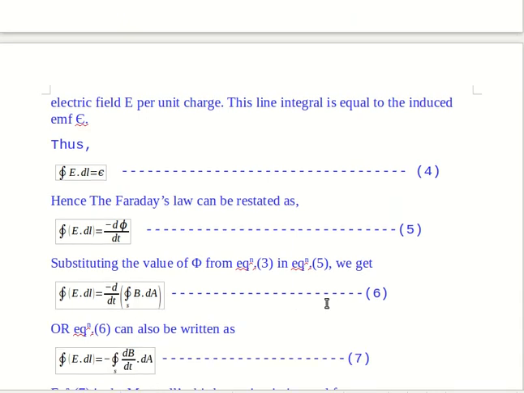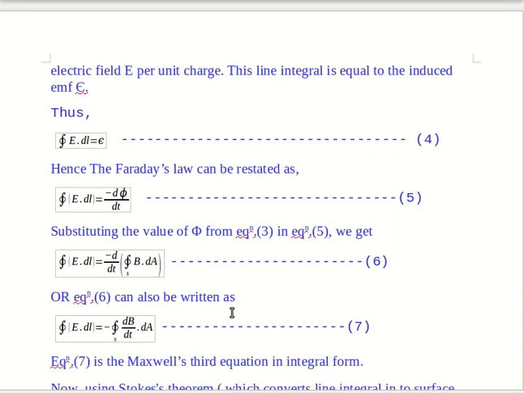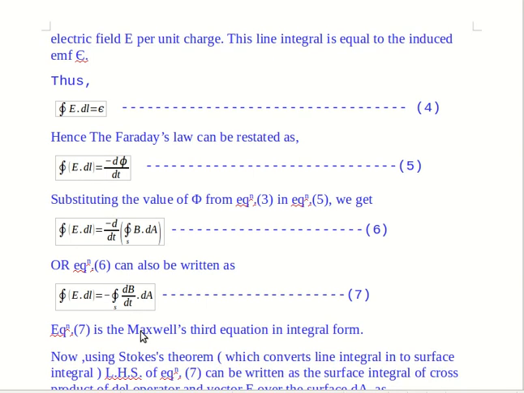This is equation 6, and it also can be rewritten as line integral E dot dl, left hand side as it is, equal to, now d by dt is multiplied inside the surface integral, so minus surface integral S dB by dt into dA. So equation 7 itself is the Maxwell's third equation in integral form.